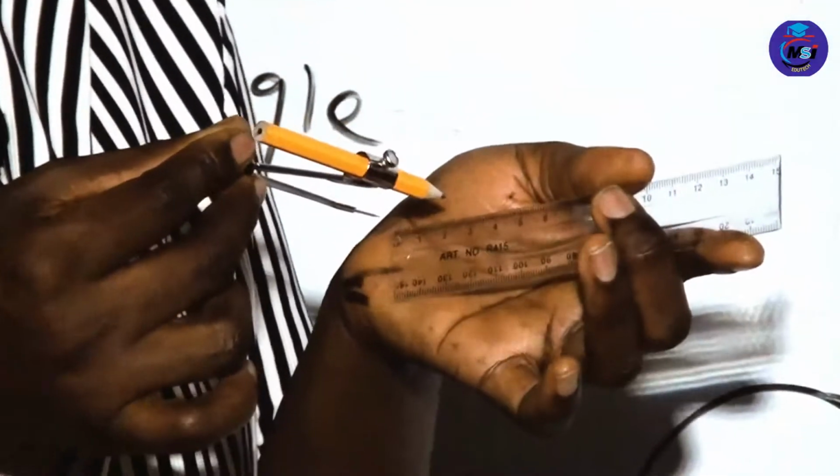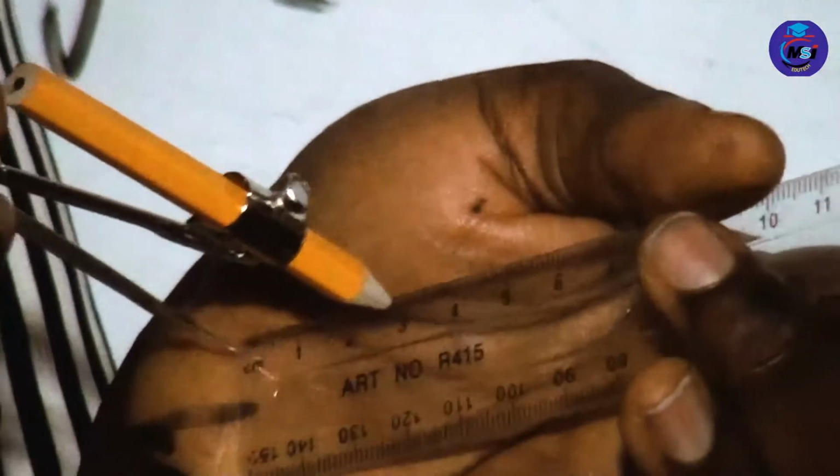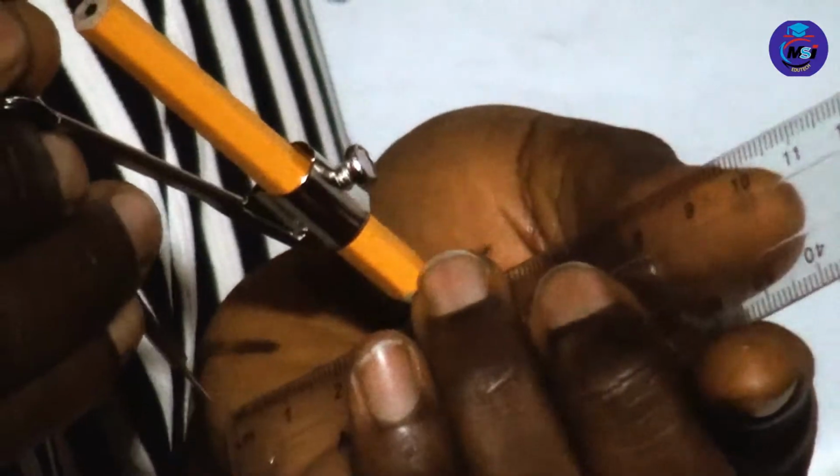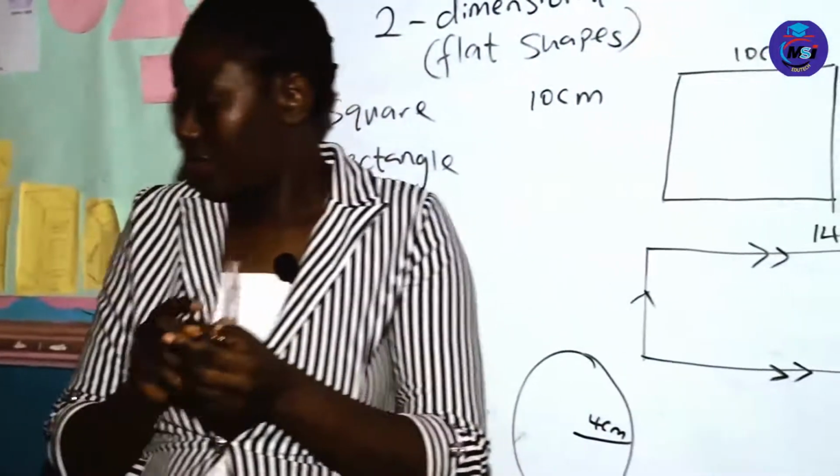The pointed end of the compass on 0, and I'll extend the pencil until it gets to 4. Now I've gotten 4 centimeter on my ruler.